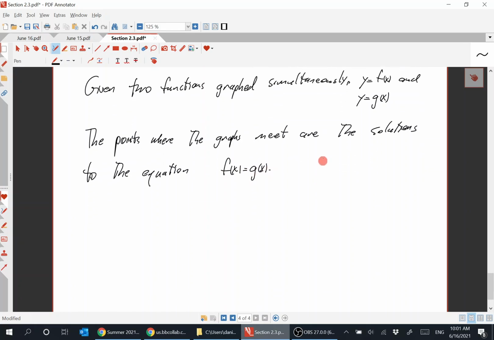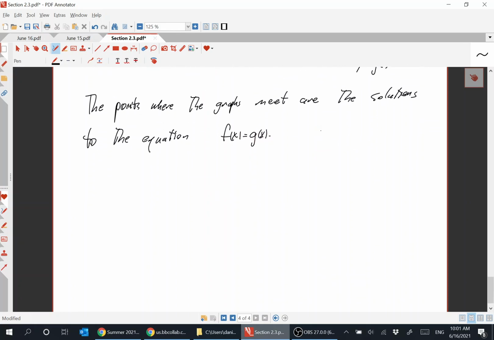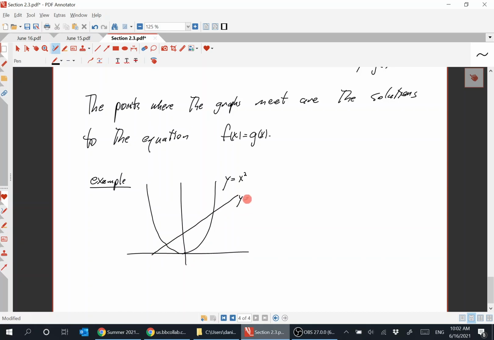So, for example, here is that standard parabola y equals x squared. And here is the line y equals x plus 1.